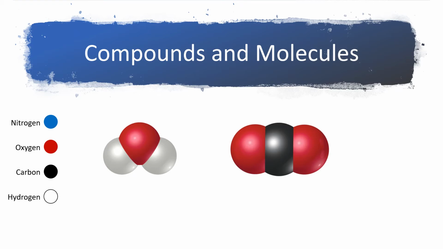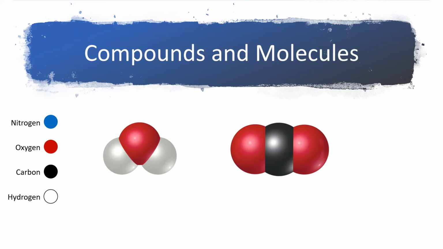I'd like to write the formulas for the two compounds that are shown here. They are each shown as molecular compounds, so after a certain number of atoms get clustered together, it's a closed unit and they don't attract any other atoms to be part of this unit.